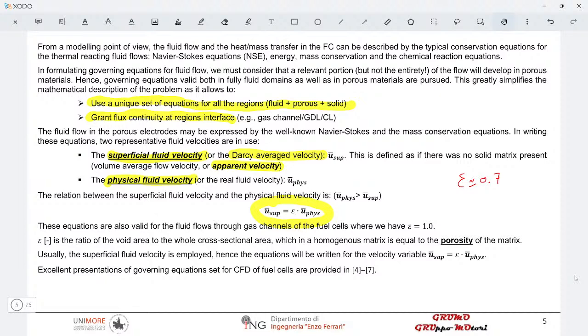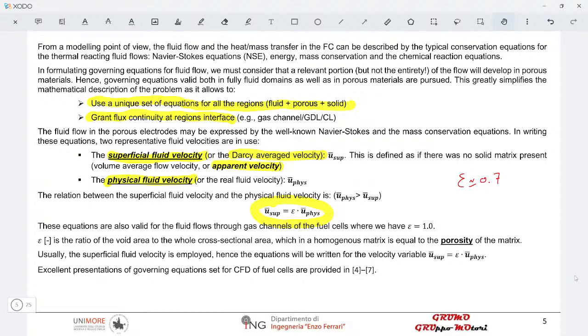And so this epsilon will appear in all our transport equations. When the transport equation is applied to a fully fluid region, epsilon equals 1. So we can consider porosity everywhere in our domain, also in completely fluid regions where we do not have porous materials.